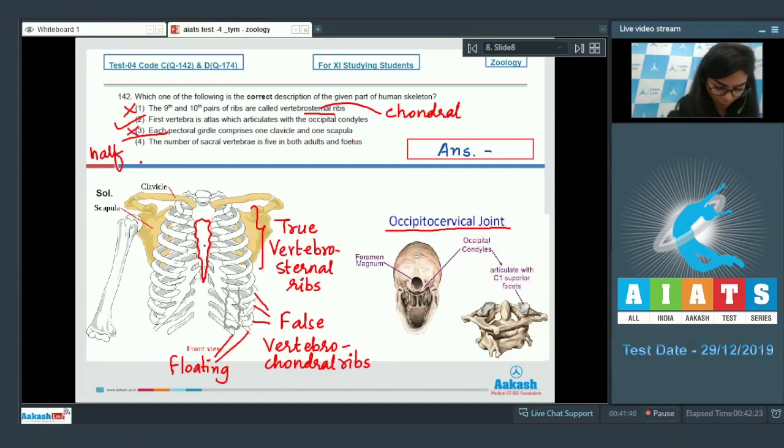Option number 4, the number of sacral vertebrae is 5 in both adults and fetus. Again, the number of sacral vertebrae changes from 5 in the fetal stage to 1 in the adult stage, which makes it incorrect. The only right statement here is option number 2, which makes it our answer.